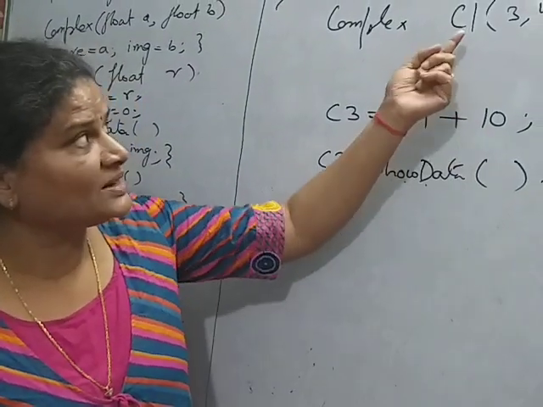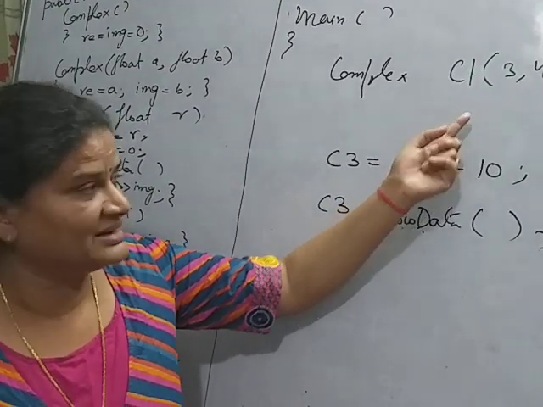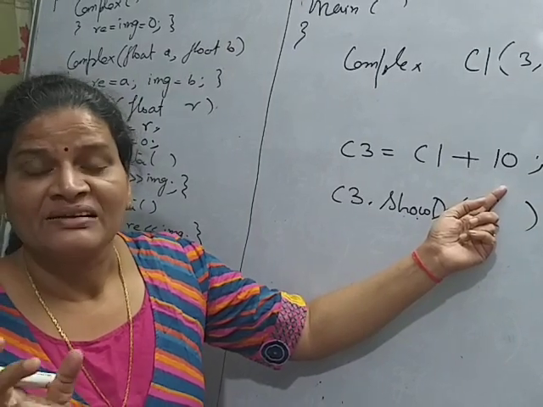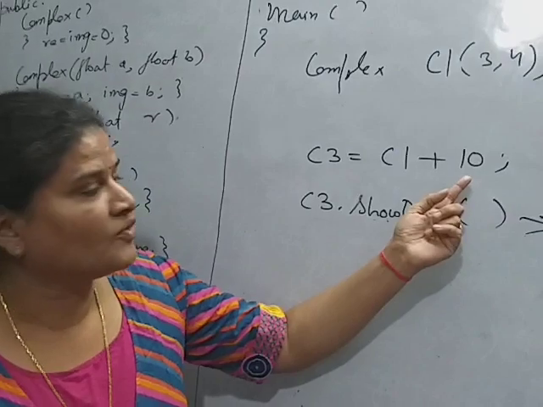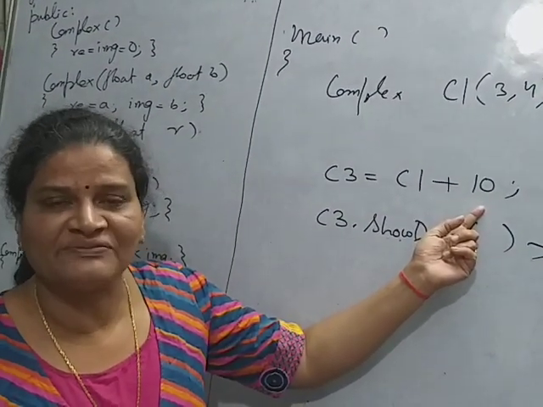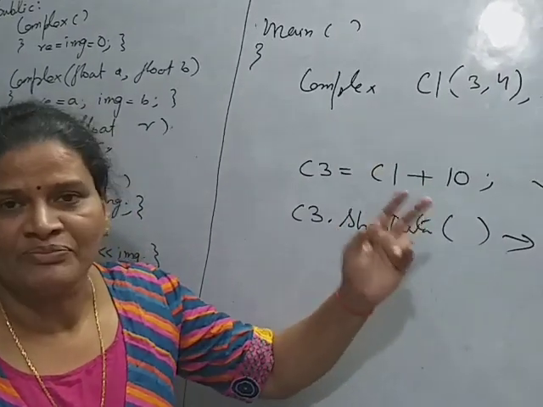The constructor is always called directly when the object is created. This is a special case where the one argument constructor is called for converting the basic data type or user defined data type into another user defined data type or the same type.